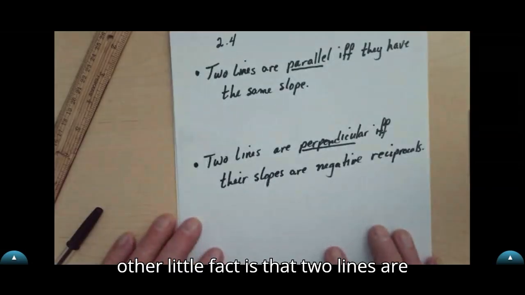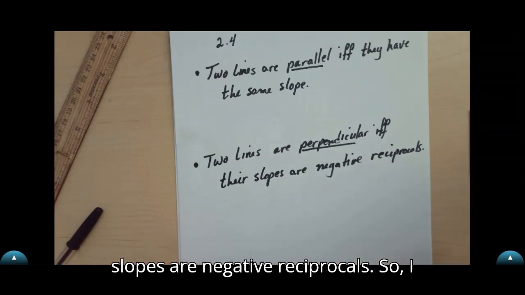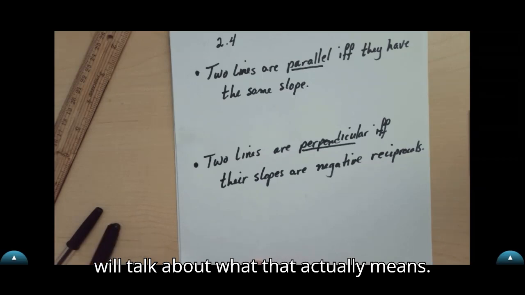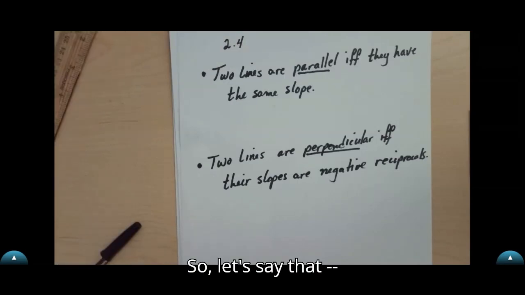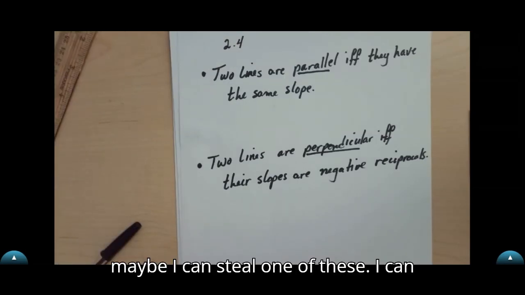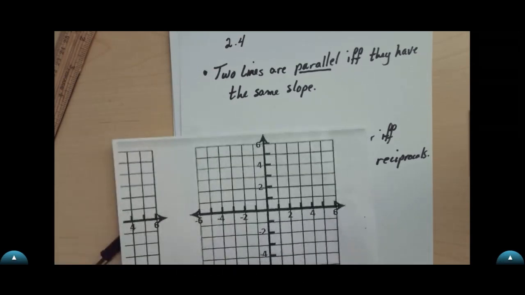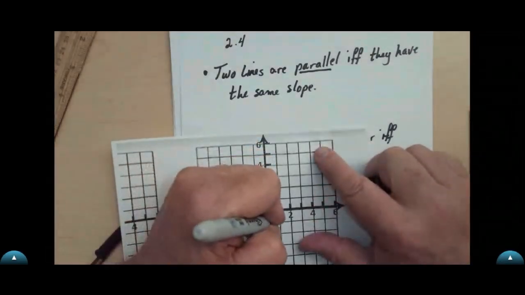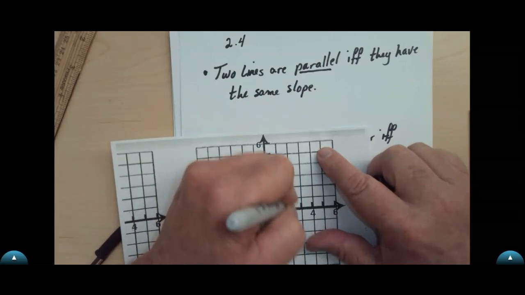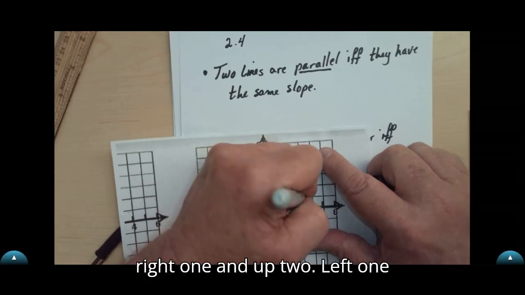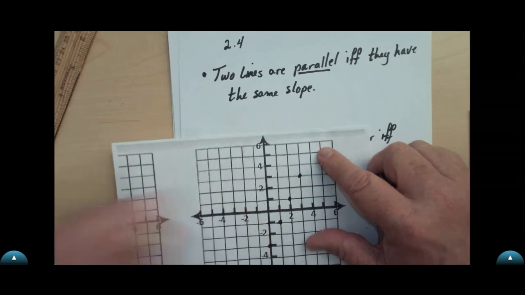The other little fact is that two lines are perpendicular if and only if their slopes are negative reciprocals. So I will talk about what that actually means. So let's say that maybe I can steal one of these. Let's see what I can do if I steal this thing. Let's say that has a slope of 2, right 1 and up 2, left 1 and down 2.